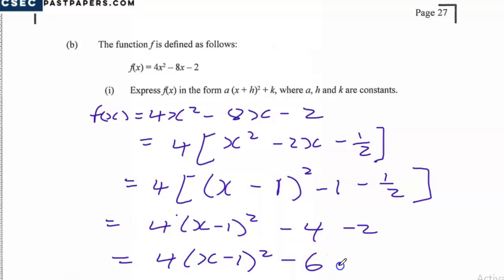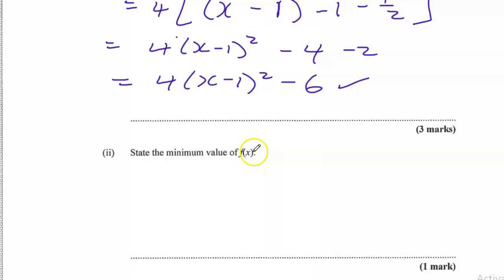So this would be the function in this form. The a would be 4, h is 1, k is minus 6, which means the minimum value of the function is negative 6.